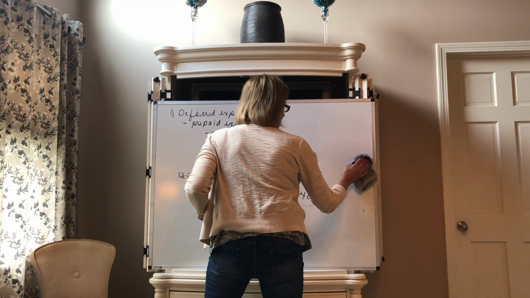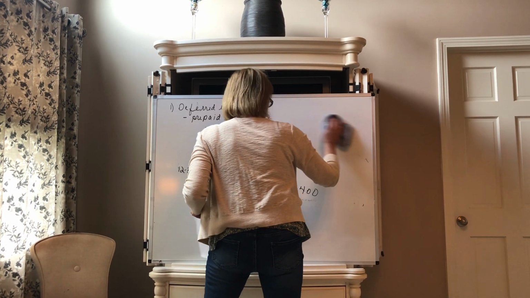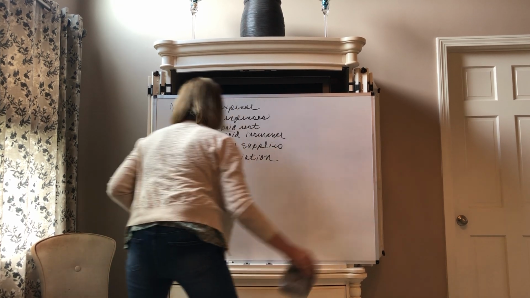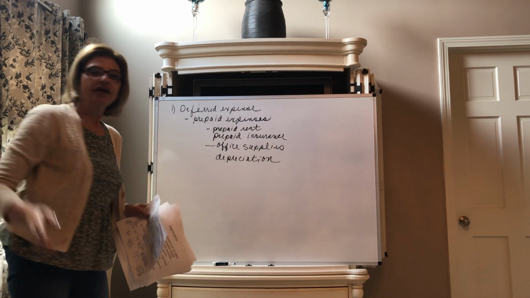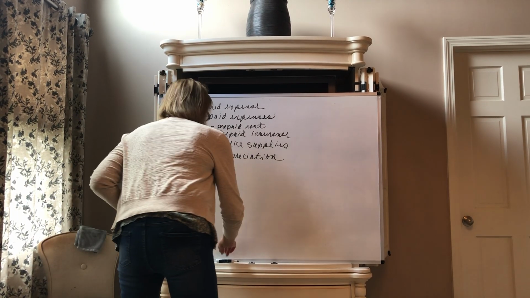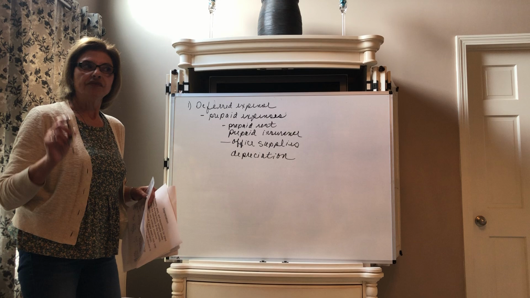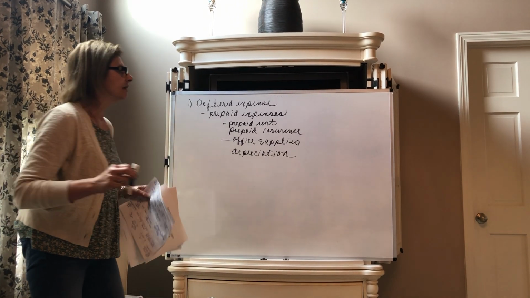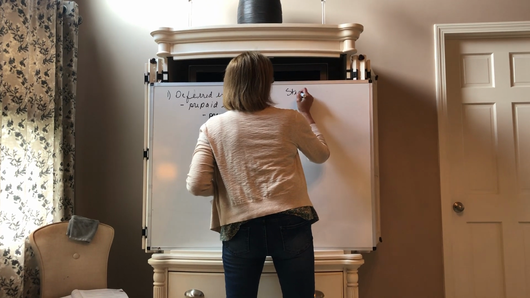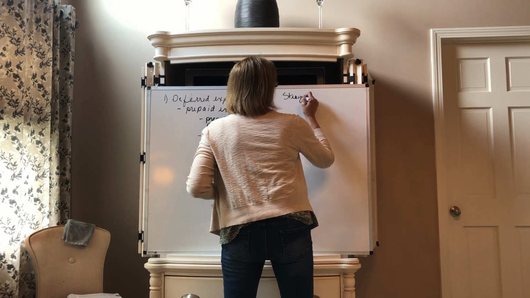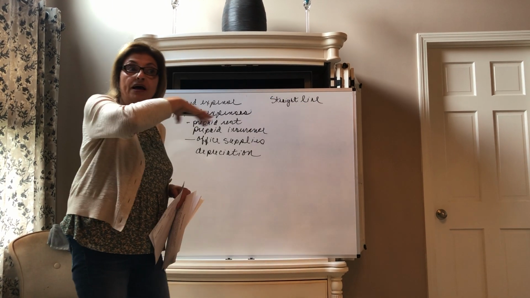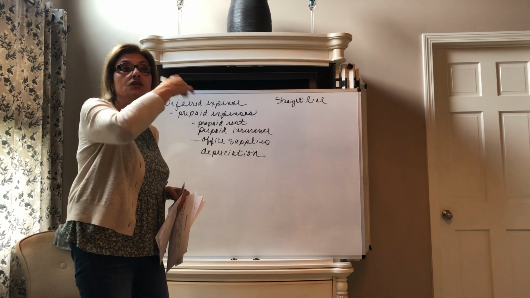Depreciation is super easy. They always give you the amount depreciated, at least in Accounting 101. If you take 102, you have to figure it out yourself, but it's still pretty easy. I'm going to show you the formula that's shown in the book, just so you can see it. To figure depreciation, it's called straight line, and the reason it's called straight line is if you graph it on a bar graph, it makes a straight line because it's always the same.